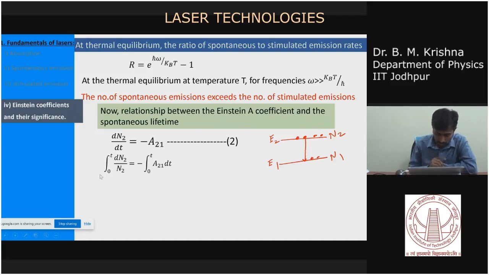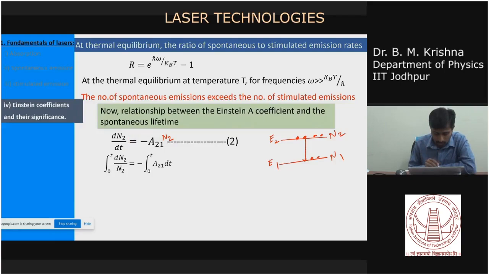Okay, there is something missing, right? Yes, I think N2 is missing here. Your rate equation is dN2 by dt equals minus A21 N2. So now I am sending N2 to this side and dt to this side.